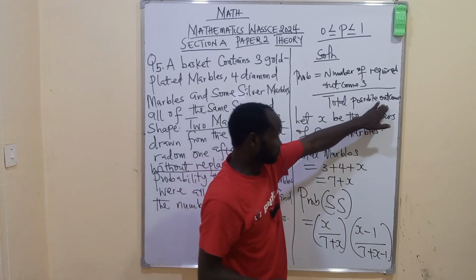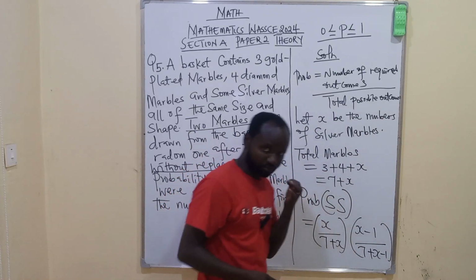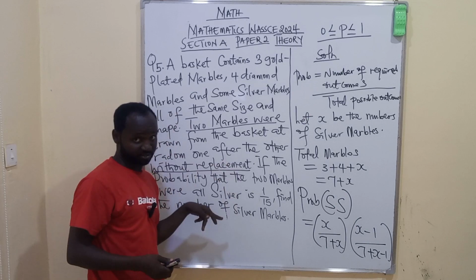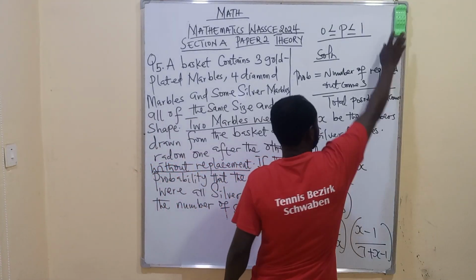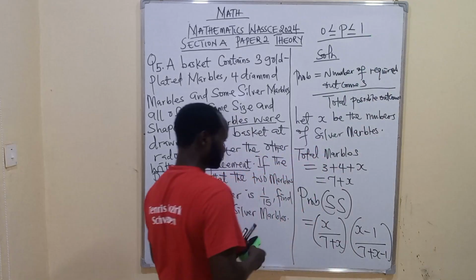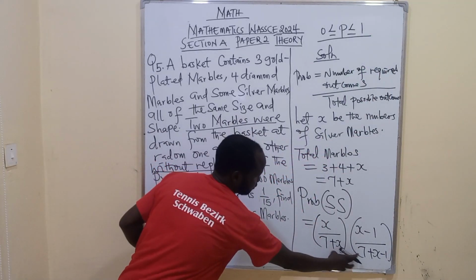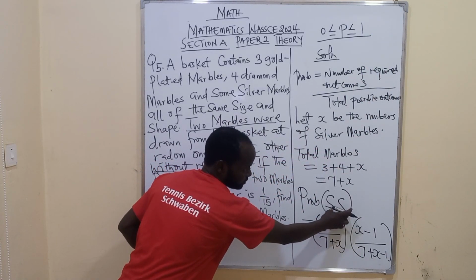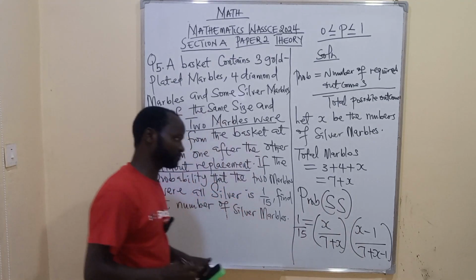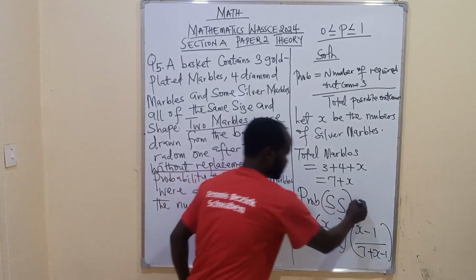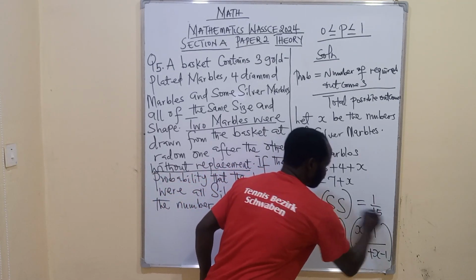We are told from the question that this probability of both marbles being silver is equal to 1 over 15. Let me write it here: this is equal to 1 over 15.